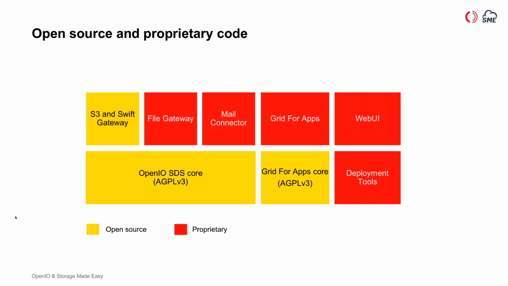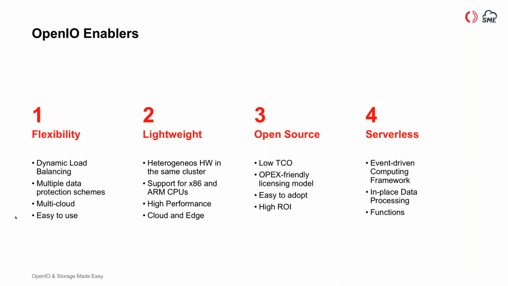On top of it, we have several connectors that allow us to serve additional workloads: some email connectors, the enterprise version of Grid for Apps, and a web user interface, and they come with an additional subscription.